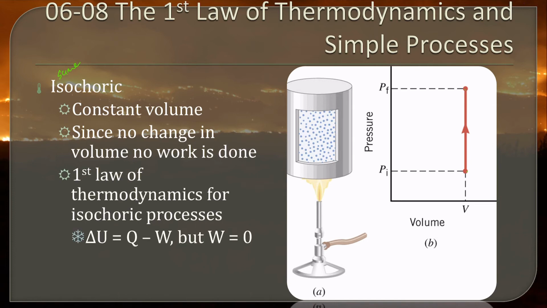So if the first law of thermodynamics is change in internal energy is Q minus W, but W is 0, that means if it's isochoric, the change in internal energy is just Q. So by changing our temperature, our pressure changes, volume stays the same.